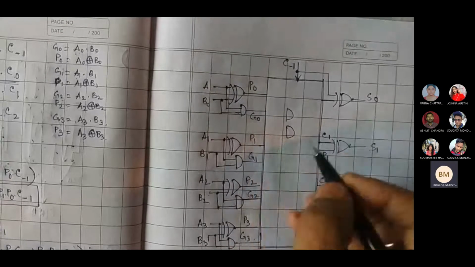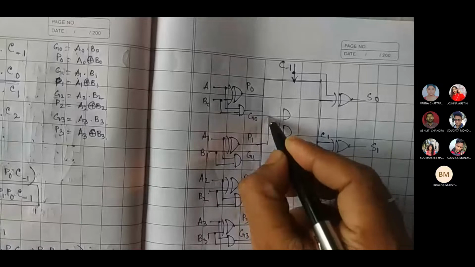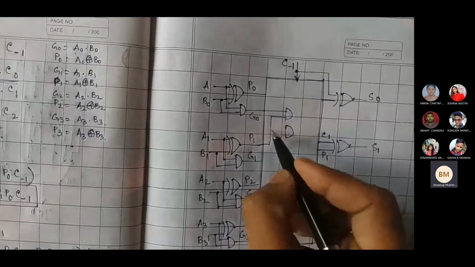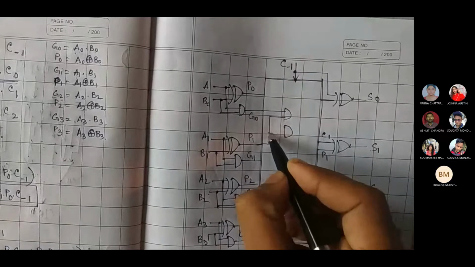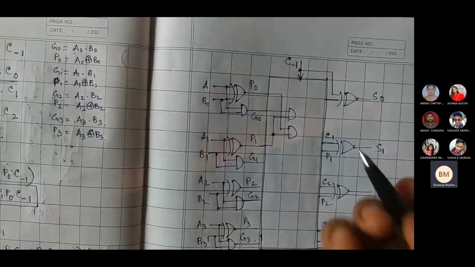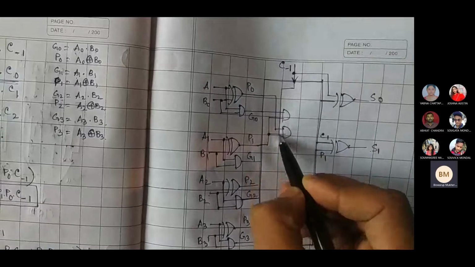So for first AND gate it is P1 G0, this P1 along with G0, this is coming. Okay, and for second AND gate, that is P1 P0, this P1 along with P0, it is coming, and we are having another C-1, so that is also directly with this.